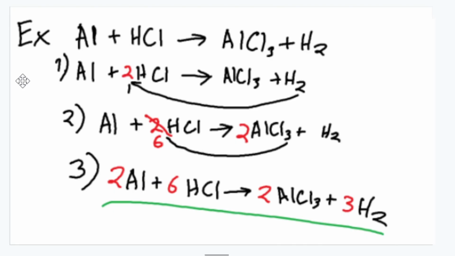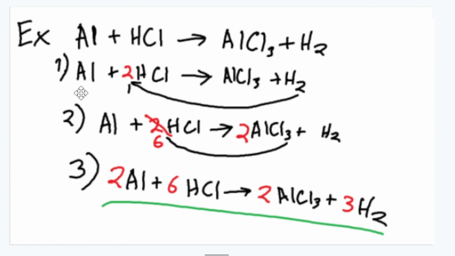Here is a better example. So here we have aluminum plus hydrochloric acid, and it makes aluminum chloride and hydrogen.